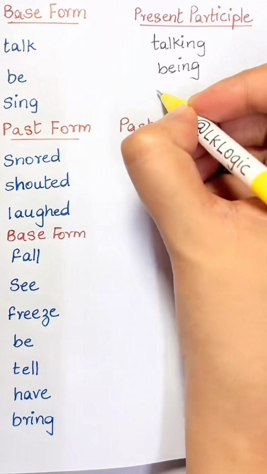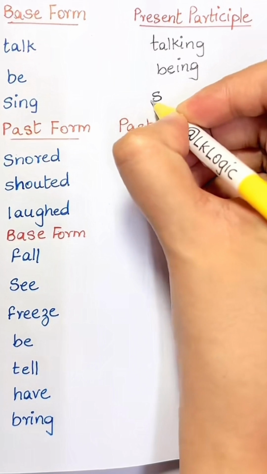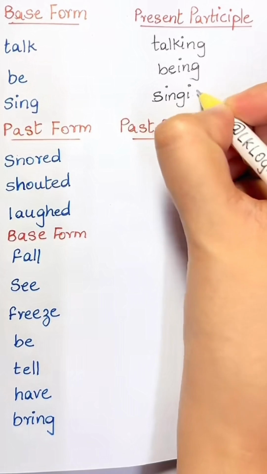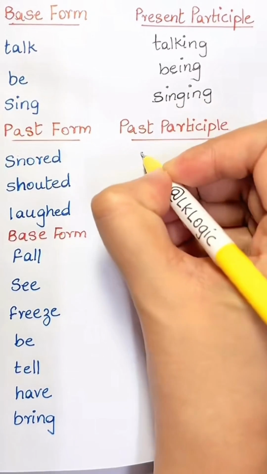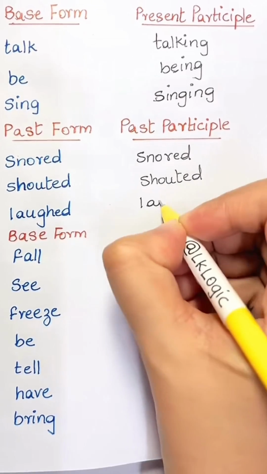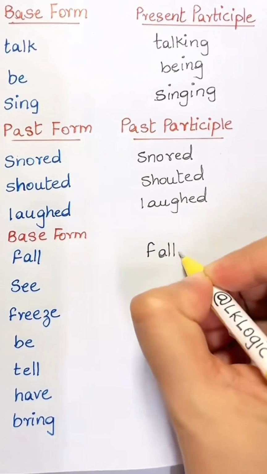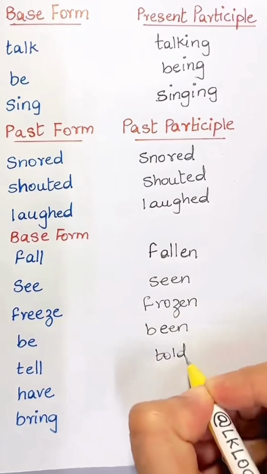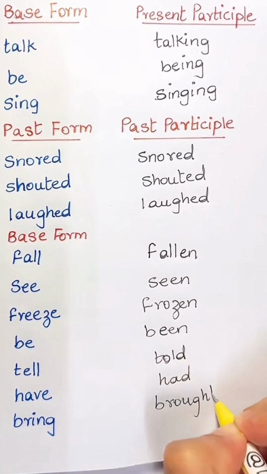And if it's sing, it's singing. In this present participle it's gonna be with I-N-G. In the past form it is snorted, shouted, and laughed. Fall is gonna be fallen, seen, frozen, been, telling.